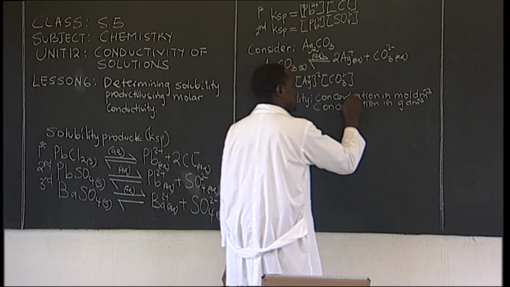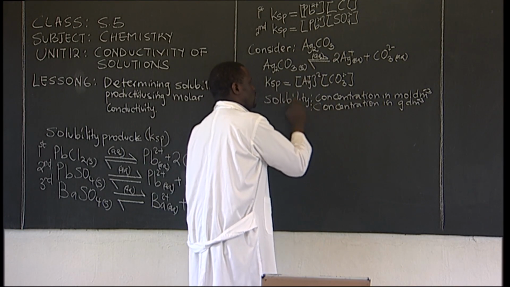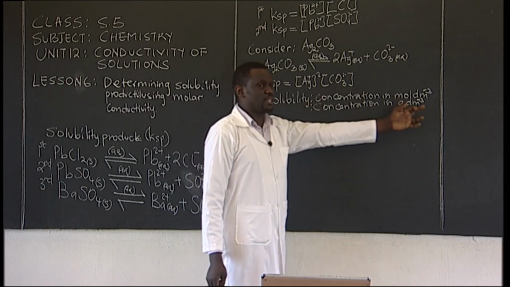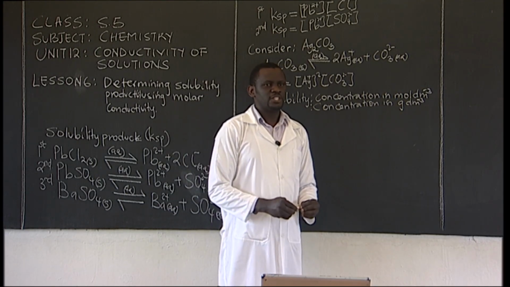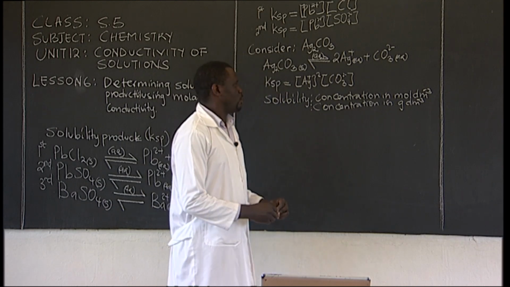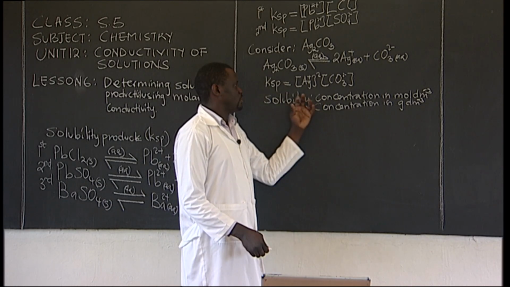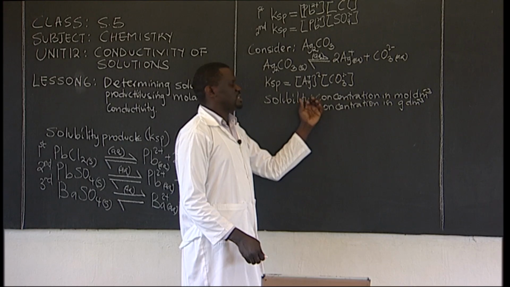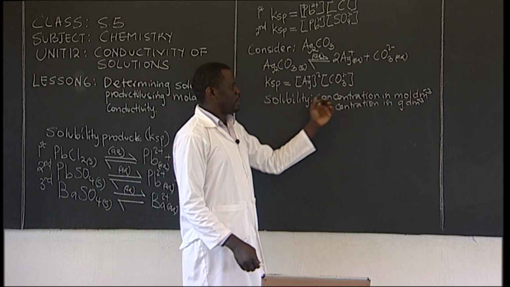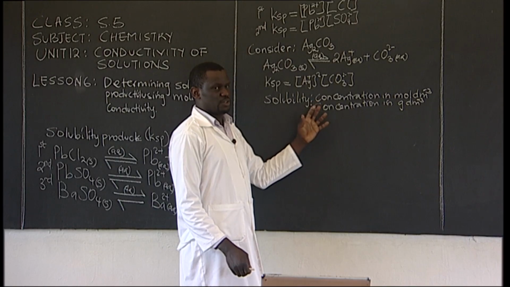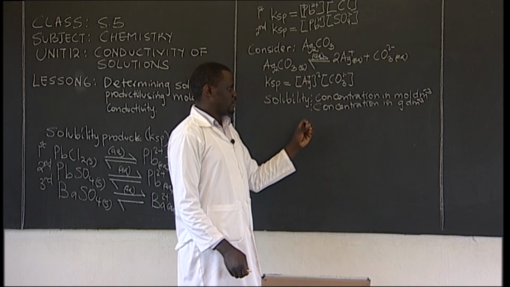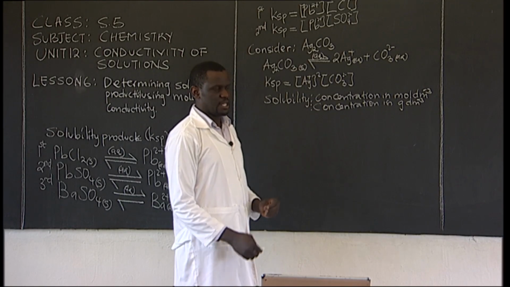So this is molarity and this is mass concentration. We can have solubility in moles per decimeter cubed, which is molarity, and solubility in grams per decimeter cubed, which is our mass concentration, or concentration in grams per liter.